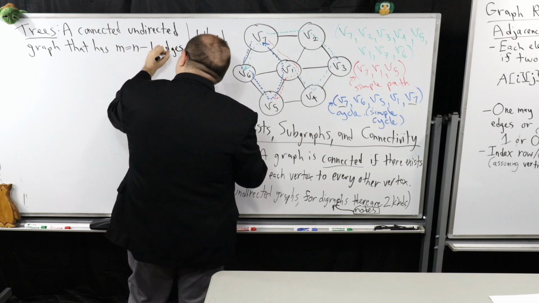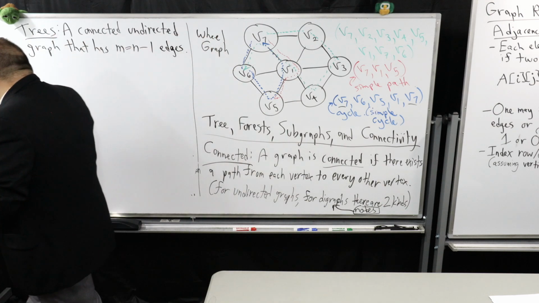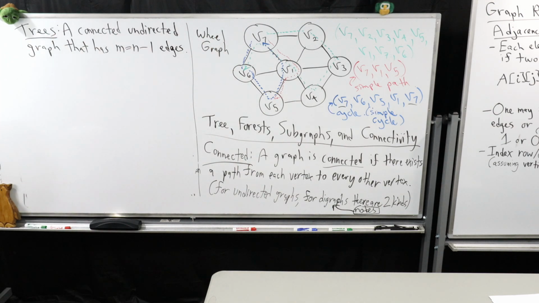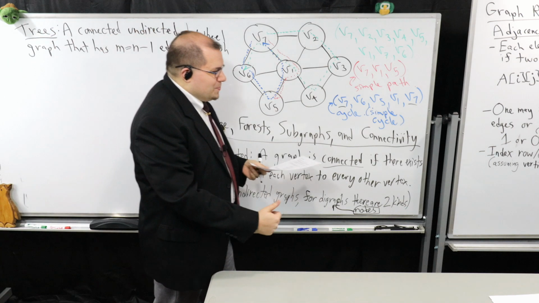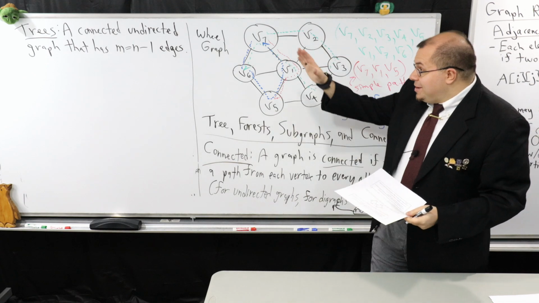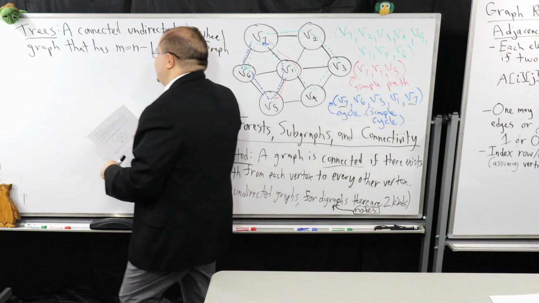That's one way you could define a tree. Now you might ask, Dan, isn't that the tree property we talked about earlier in the course? The answer is yes, that is the exact same one and you'd prove it the exact same way. So that's a way you can define what a tree is.